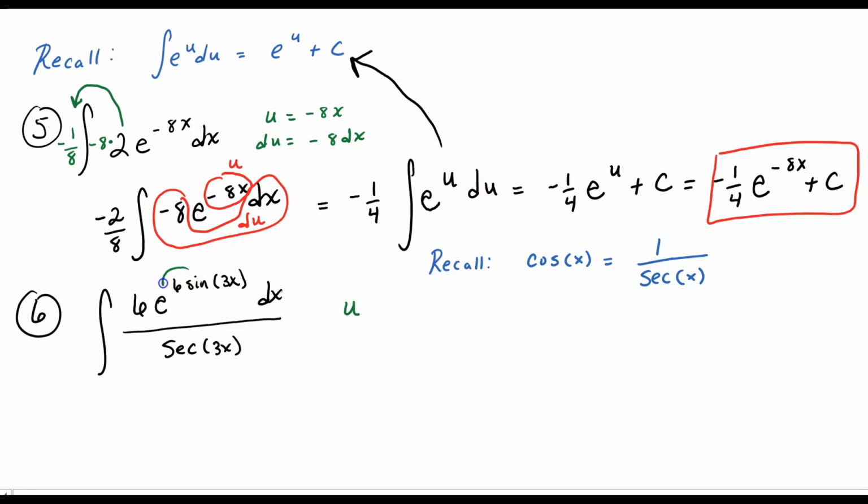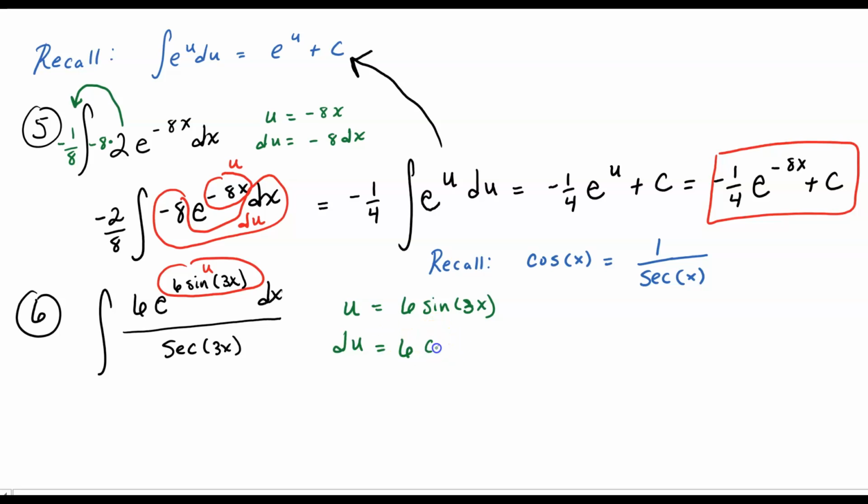If u is this guy right here, and I'm going to stick with my convention of circling it in red, let's call this u. So then what is du? So 6 sine of 3x, all right? I'm going to take the derivative. Of course, I've got my 6 there.